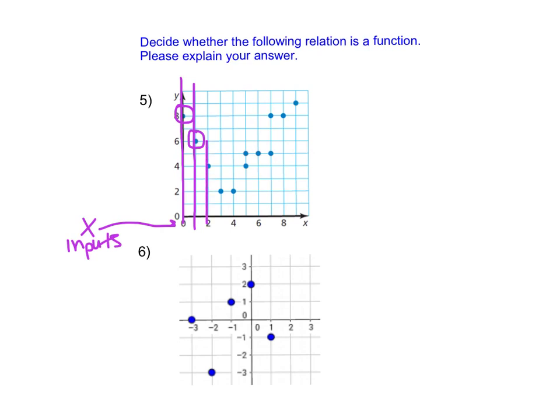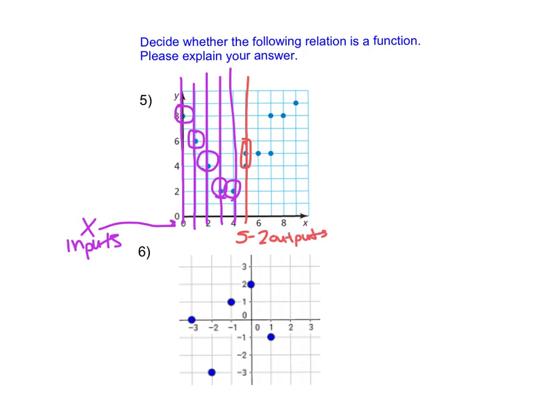The input of 2, exactly one output of 4. The input of 3, exactly one output. What happens as I keep going is as I get to 5, the input of 5 has 2 outputs. That's a problem.